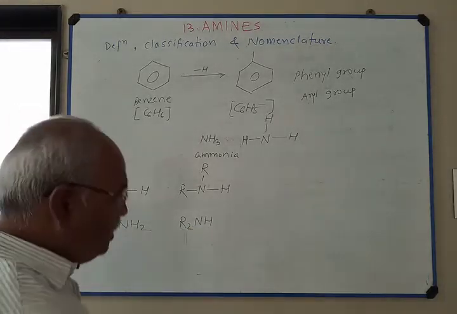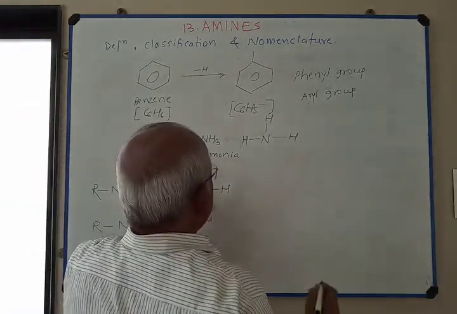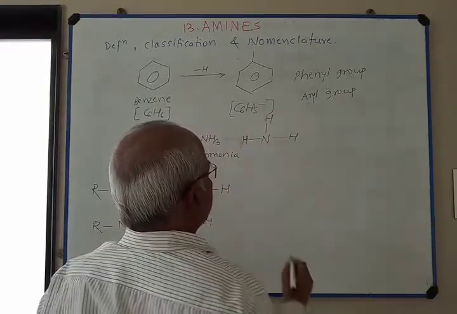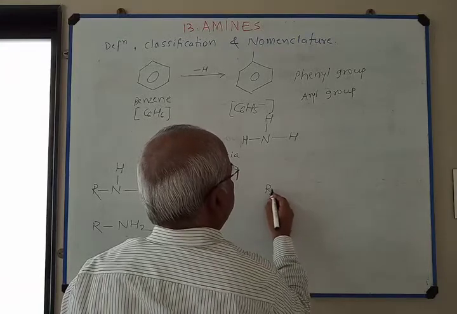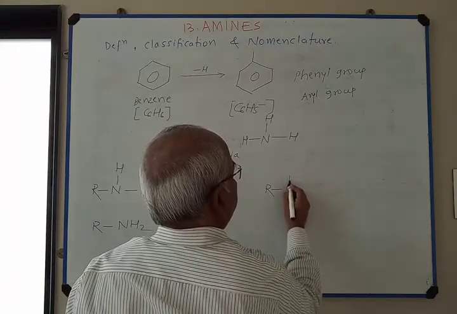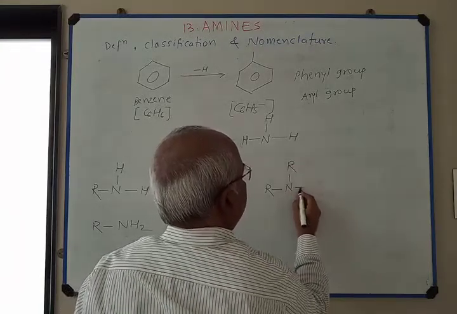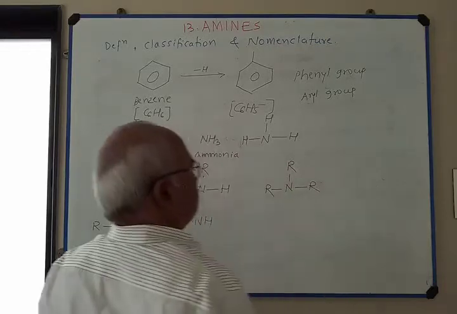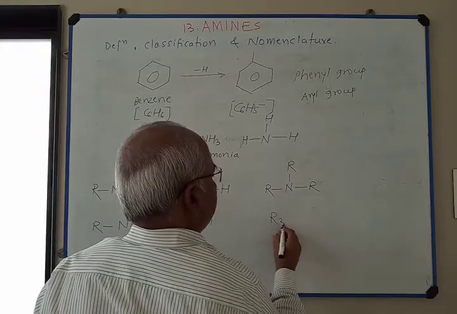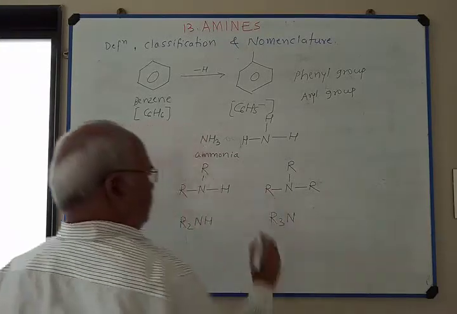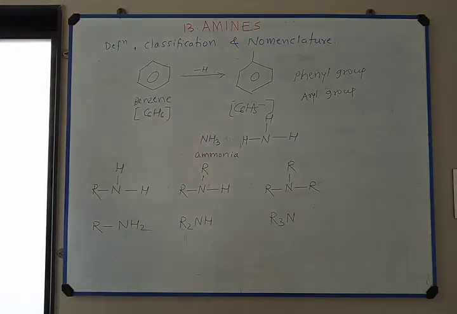Now I remove three hydrogen atoms of ammonia by three alkyl groups R, N, R, R. This compound can be written like this, R3N. So NH2 group is called amino group.